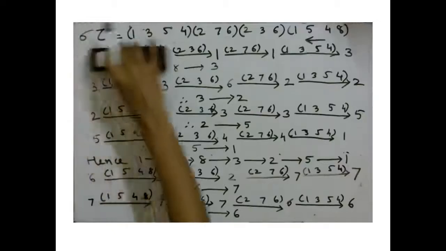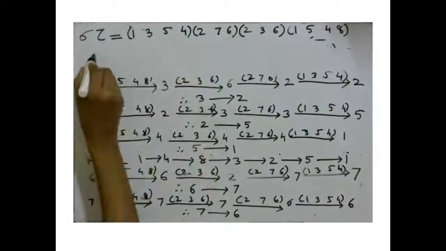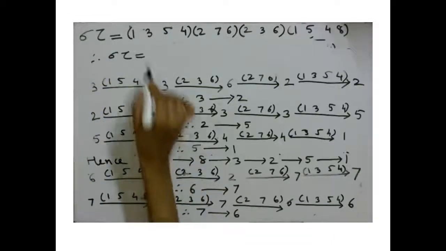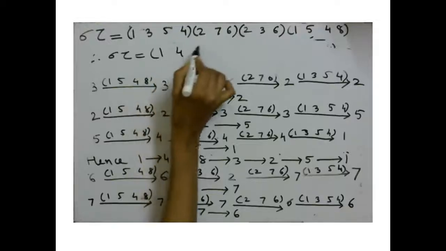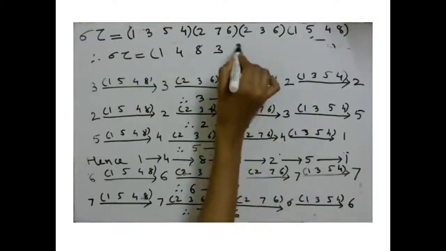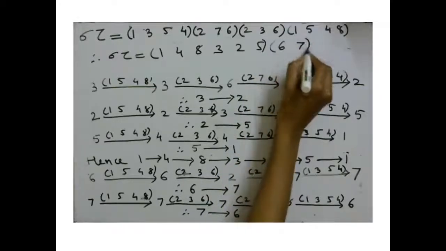So here we see that we have exhausted all the elements from the set 1, 2, 3, 4, 5, 6, 7, 8, and hence the multiplication of sigma tau is the first cycle 1, 4, 8, 3, 2, 5, and again 5 goes back to 1, so close the cycle. And the second cycle is the transposition 6, 7.